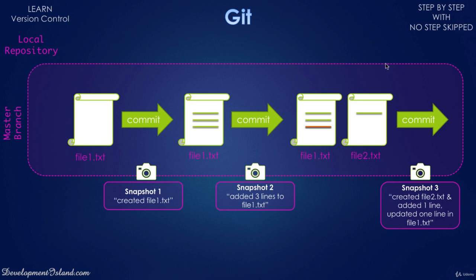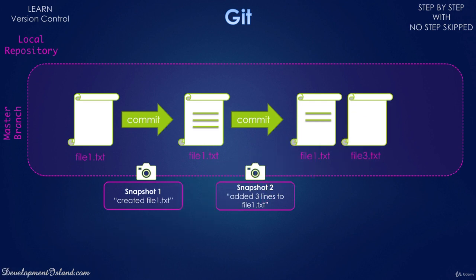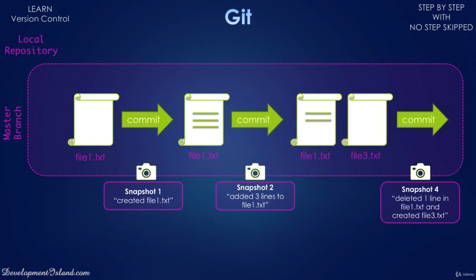You just need to check out using snapshot 2, and now you will revert to that state like that. And you can now start working again from that state. So you can go again, make changes to your file, delete a line, for example, add a new file, and then commit again.